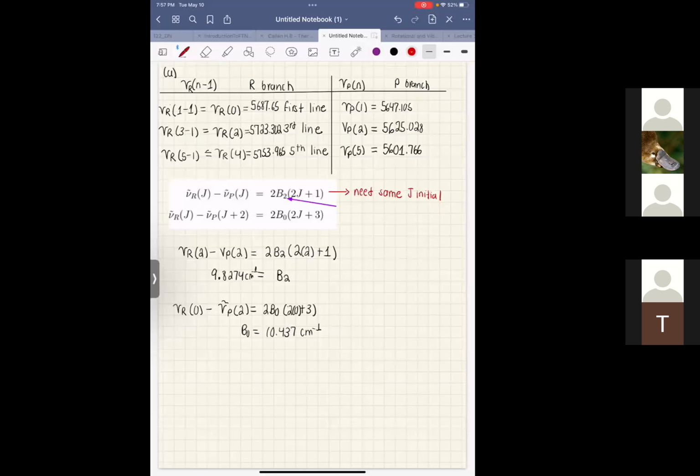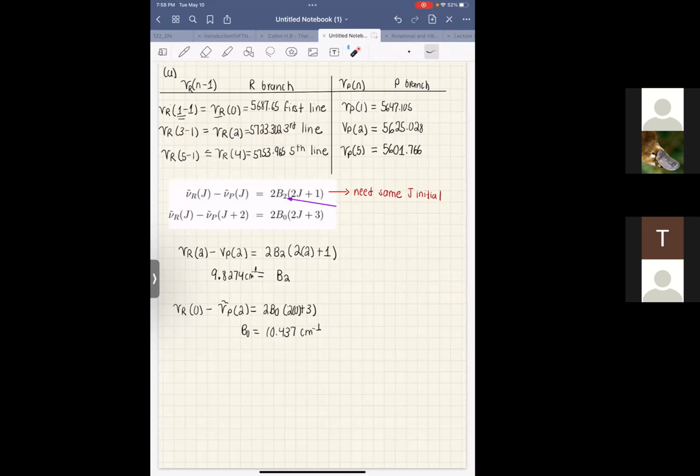For the first line for the R branch, it relates to V of R of 0, which is equal to this equation. And for the third line, it's V of R for J equal to 2, and it's related to this. So knowing these facts, what we can do is plug in these here.